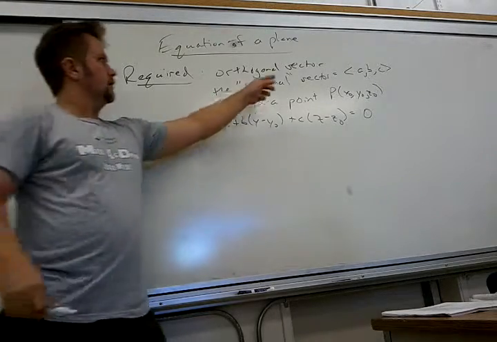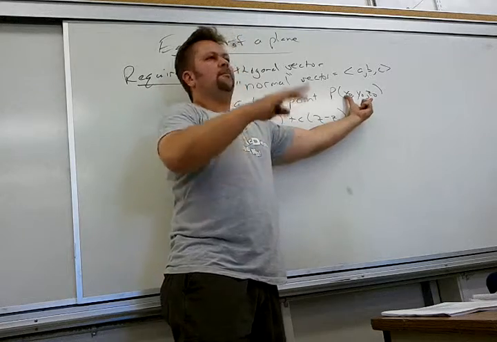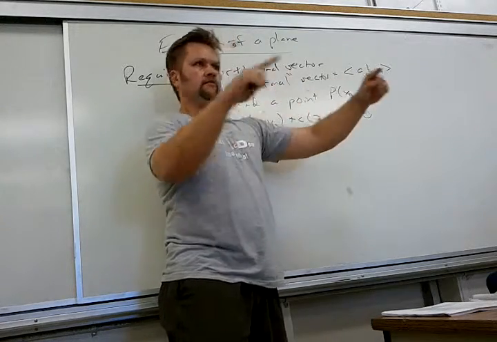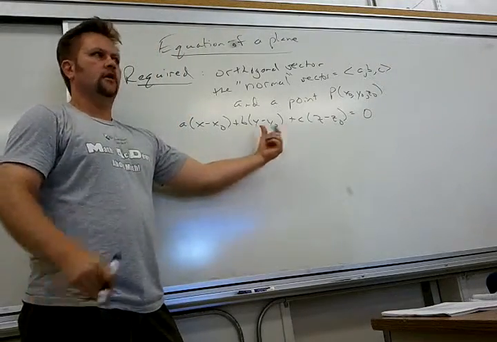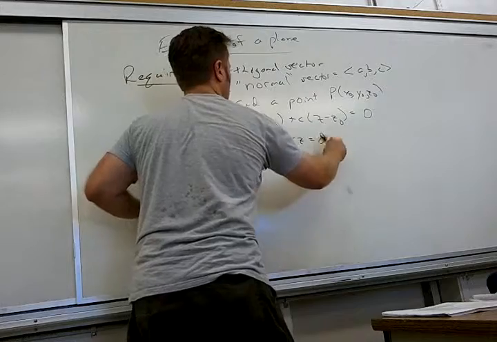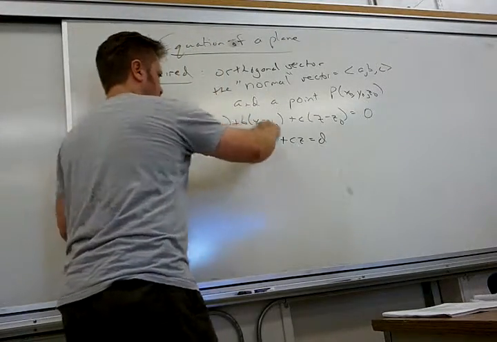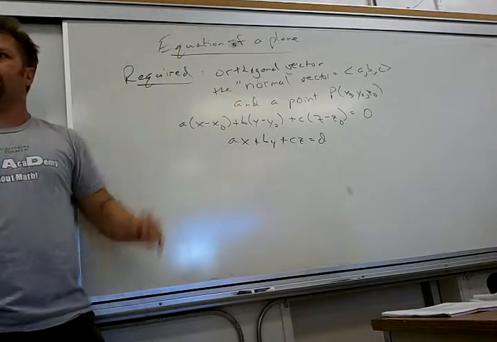So I dot that with what I get when I take any point in the plane minus this point to get a vector. So I dot those, and I end up here. An alternate definition would be this here, where D is Ax naught plus By naught plus Cz naught, just the constant that comes out of that.